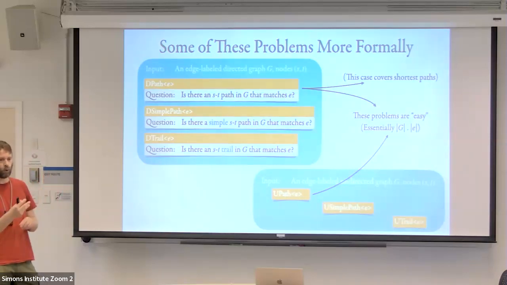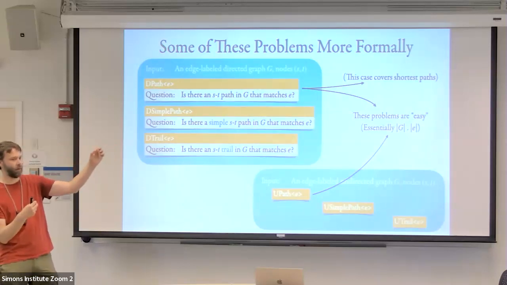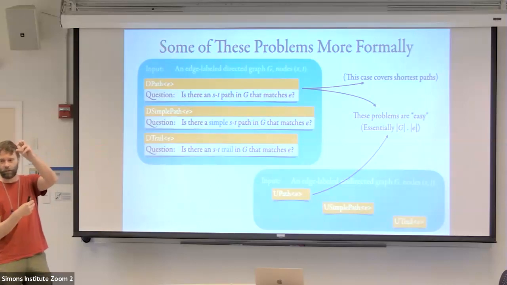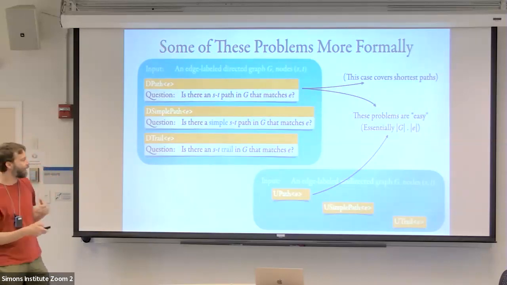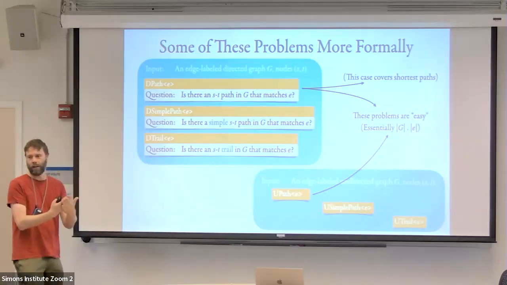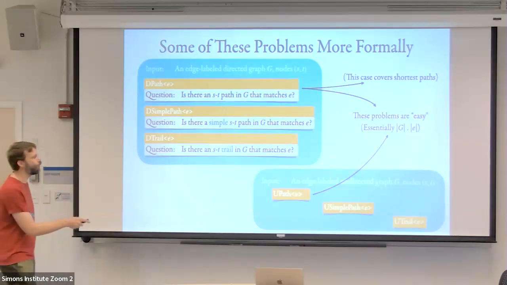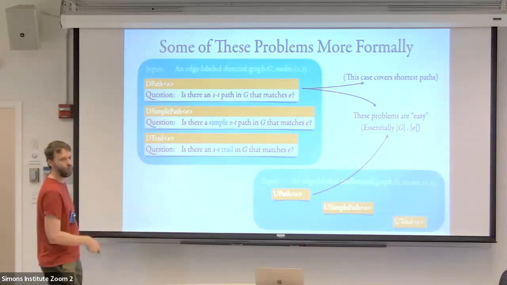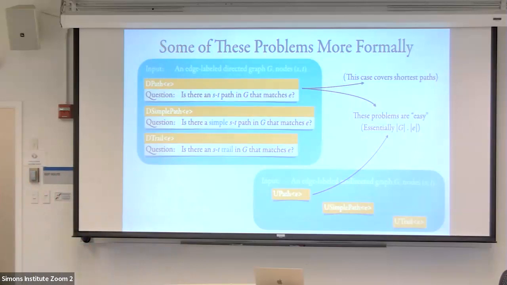You can take the product of E and your graph, where you take the start node as a start state and the final node as a final state, and then you build the product and you test intersection emptiness. This is a construction that gives you this complexity. So this is fine. This is all tractable.